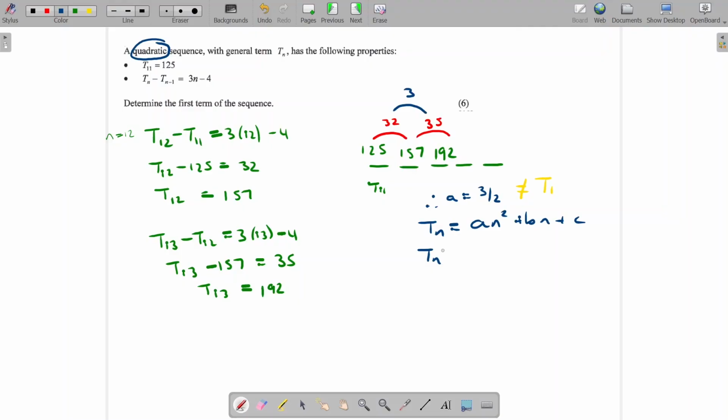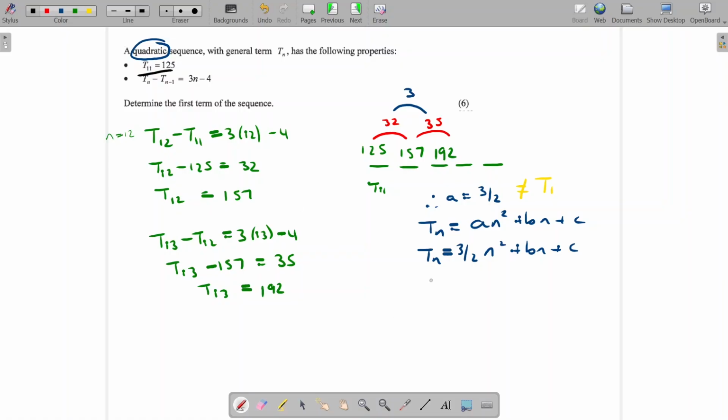So I'm going to plug in what I do know. I do now know that Tn equals 3/2 times n squared plus bn plus c. Again, I'm going to go back to what they told me to start with, which was that T of 11 equals 125.